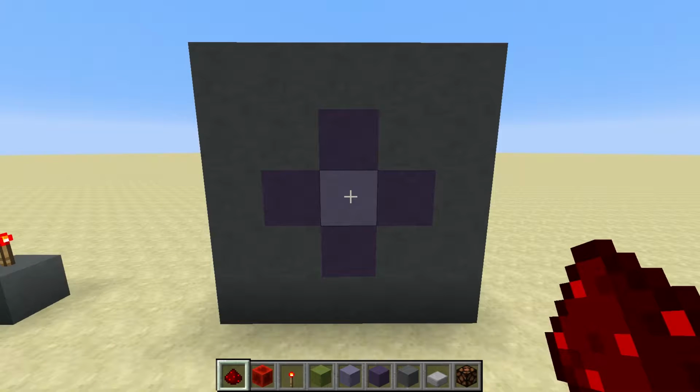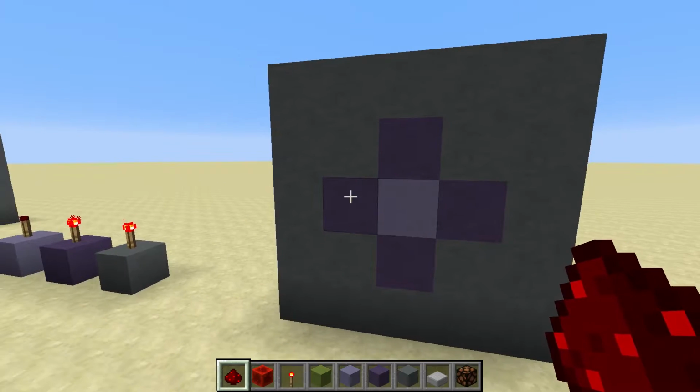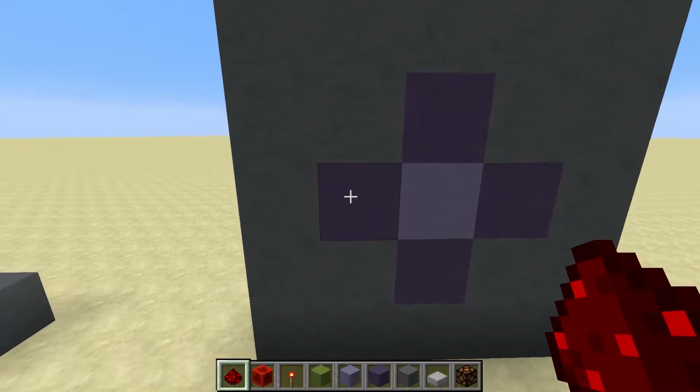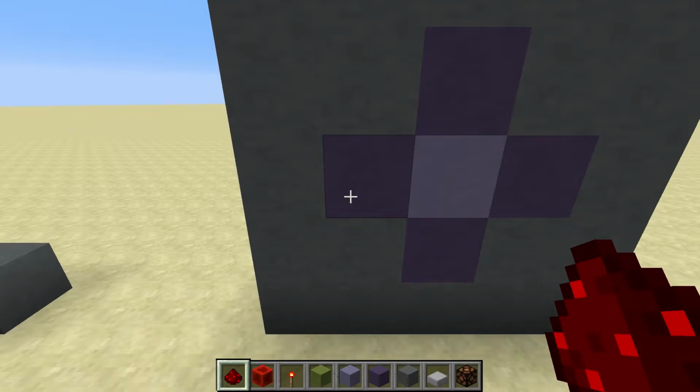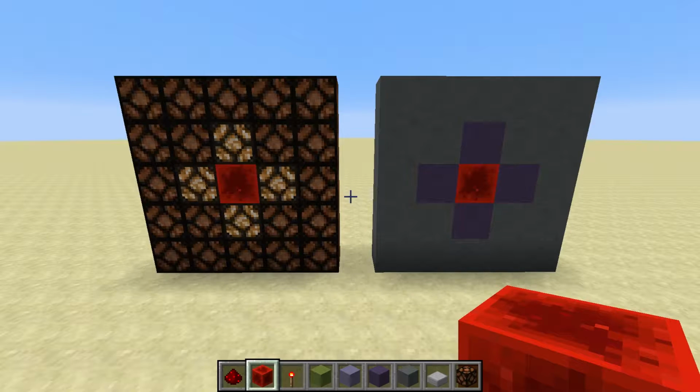As a basic overview, source blocks power the ones next to them, but affected blocks do not. From these two graphics right here, we can see that redstone blocks essentially act as a placeable source block.